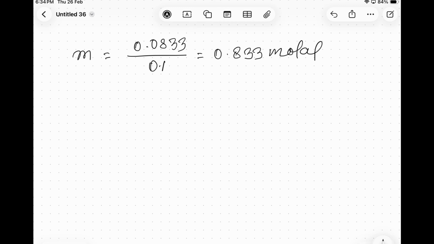Let us discuss the third term, that is mole fraction.